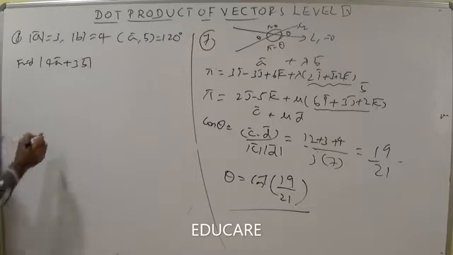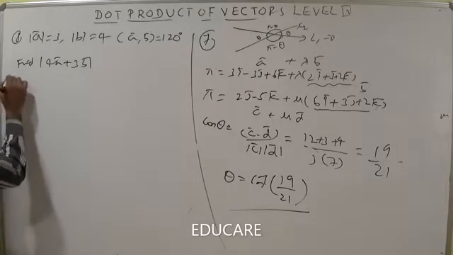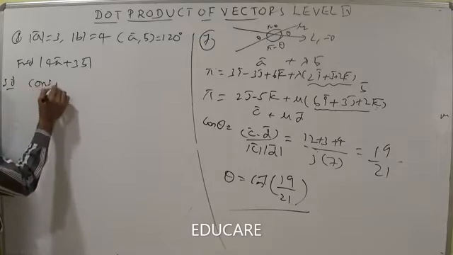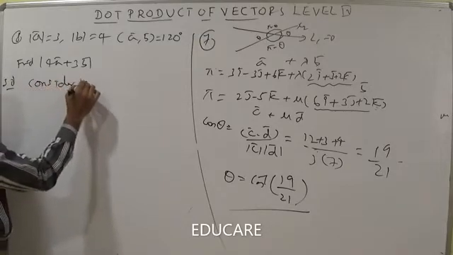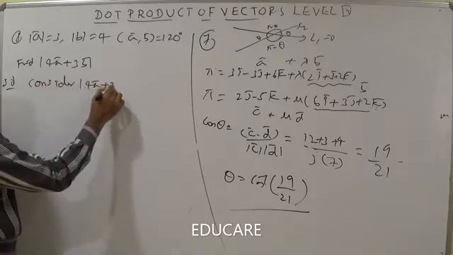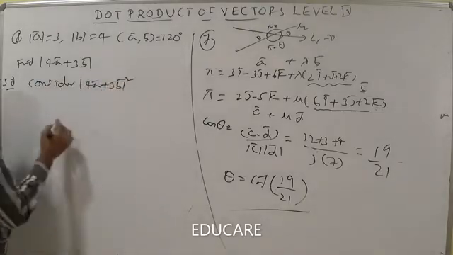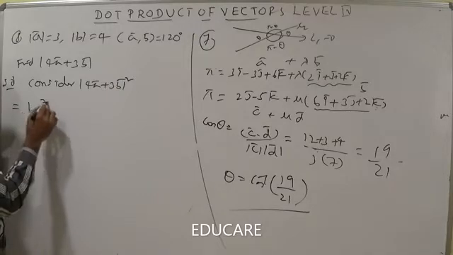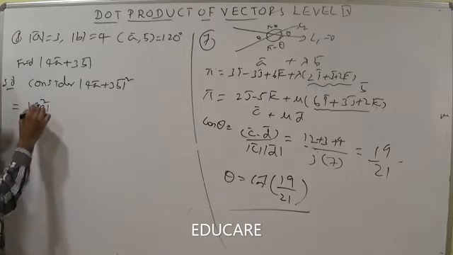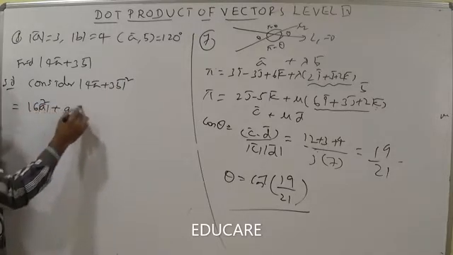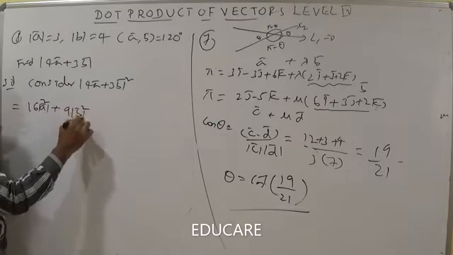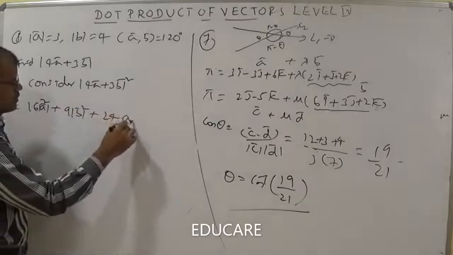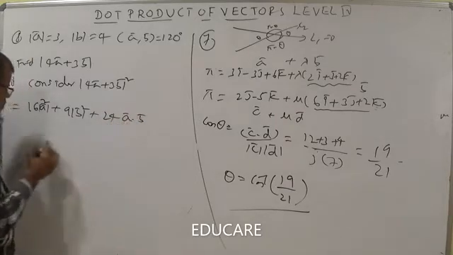Whenever we calculate a modulus, you should consider it like this: consider 4a bar plus 3b bar whole square. Then you write the a plus b whole square formula: 16 a bar whole square plus 9 b bar whole square plus 2 into 4 into 3, which is 24, a bar dot b bar.